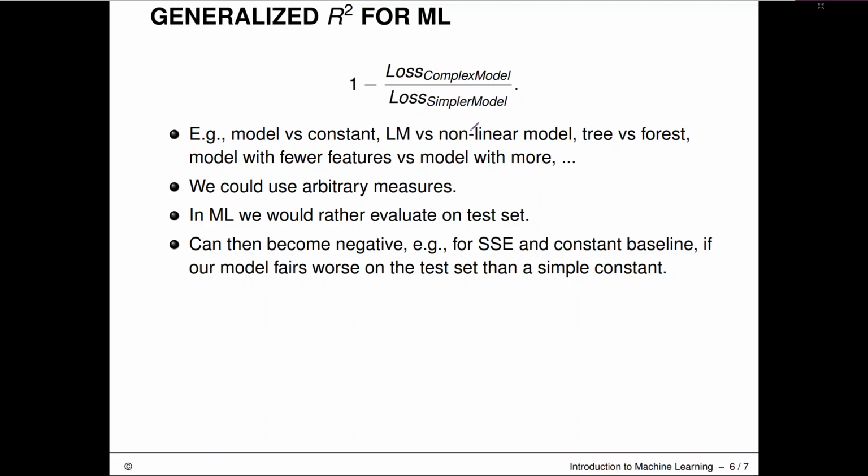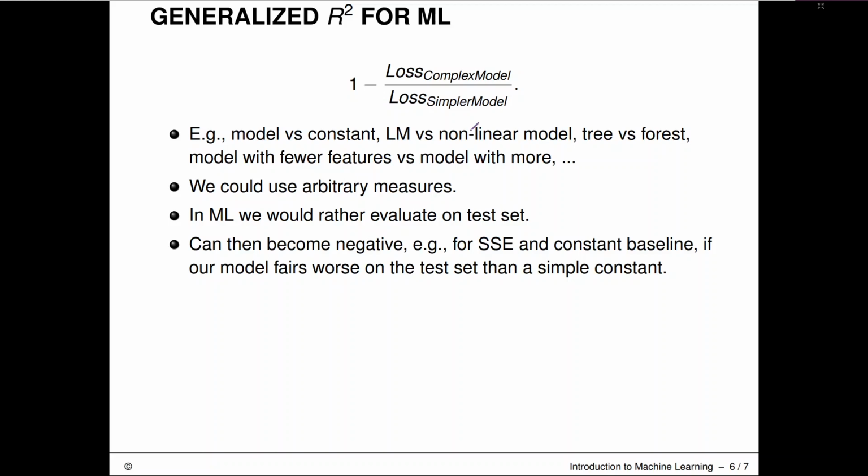But that can really happen if we fit both our models, as we should do, on the training data set. So we fit our constant model on the training data set, and we fit our more complex machine learning regression model on the training data set, then have them predict on the test set, and our regression model actually fares worse in terms of prediction than the constant model itself.